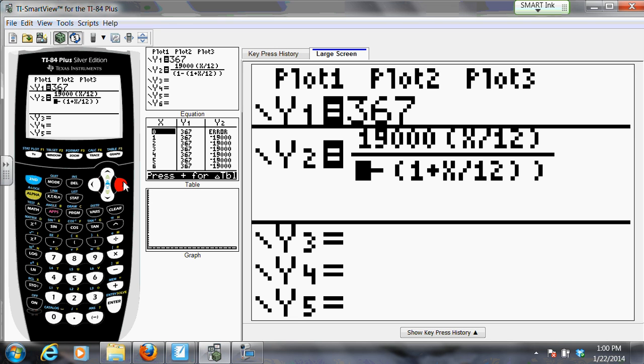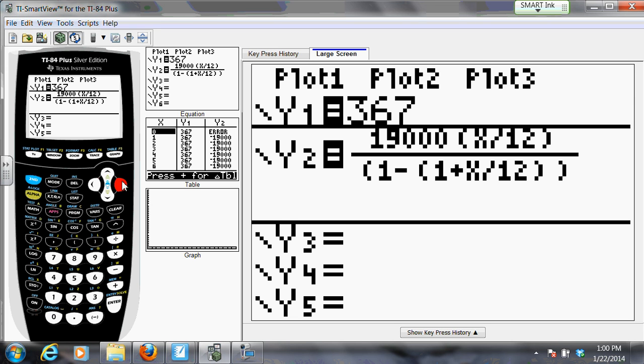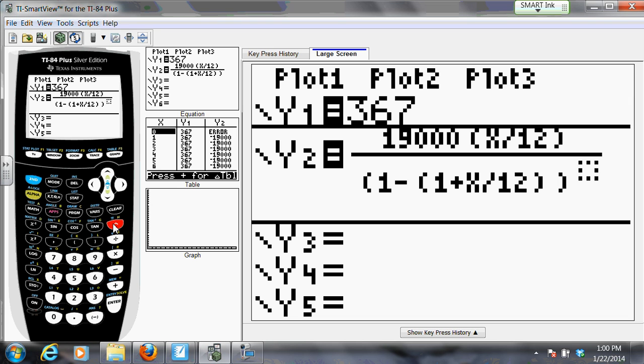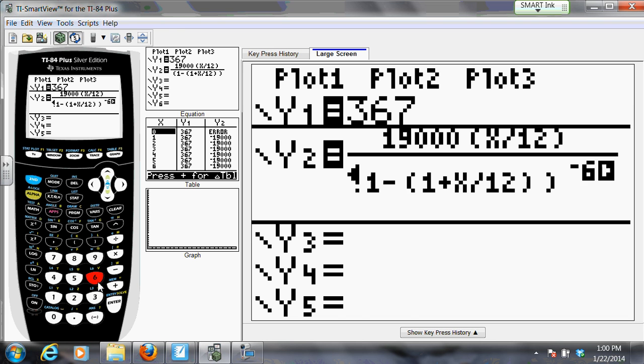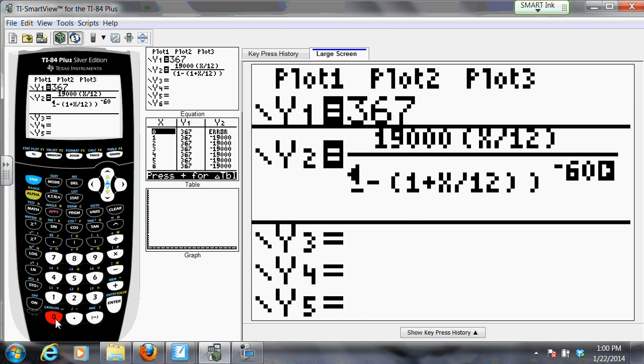Second insert parentheses. Now all the way back. Caret. Negative 60.